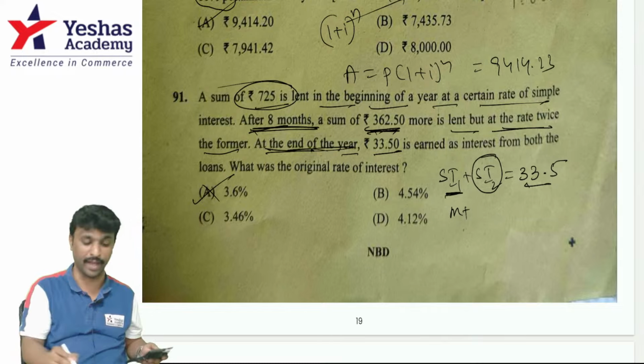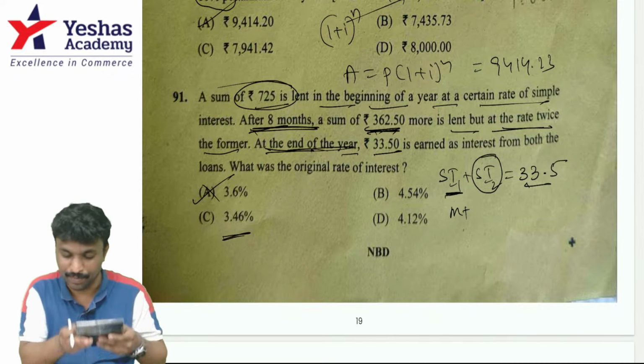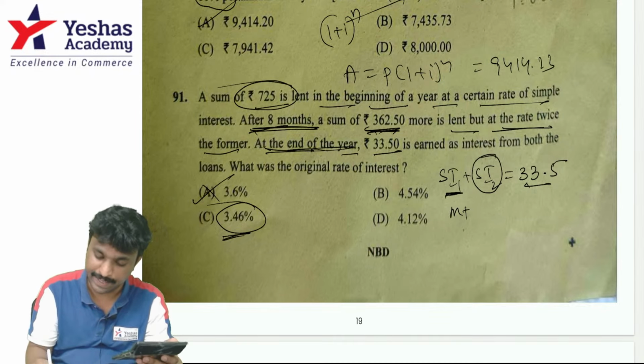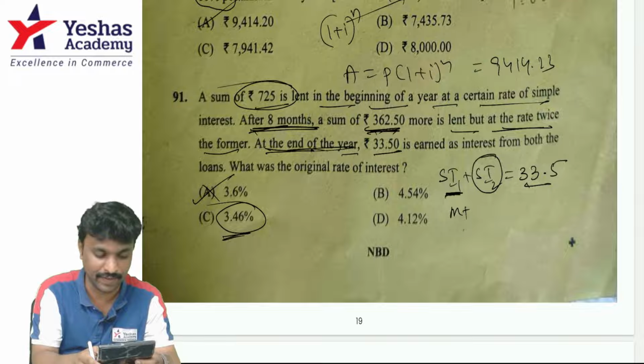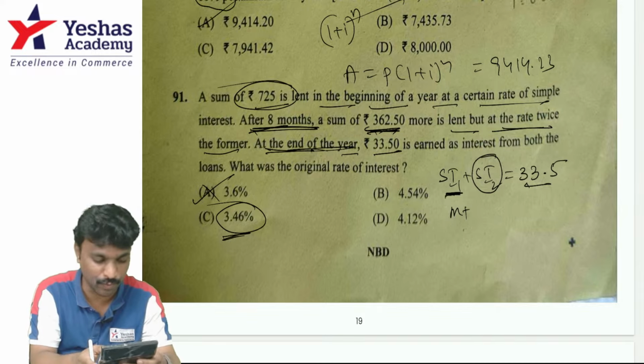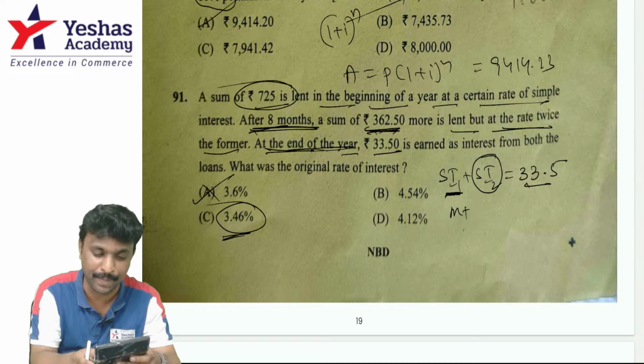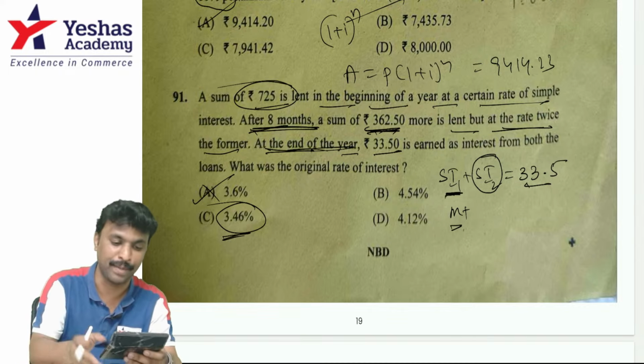Option A doesn't satisfy. Let me hit now option C. Guys, 3.46% is option C. Now, SI1, P1 is 725 into T1 is 1 year into R1 is 3.46%. How do I store? M plus.